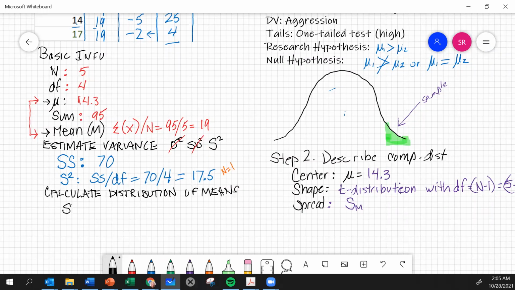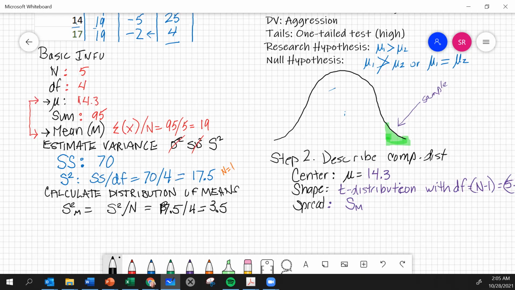So the variance for the distribution of means equals the variance divided by n, 17.5 divided by 5, which equals 3.5.